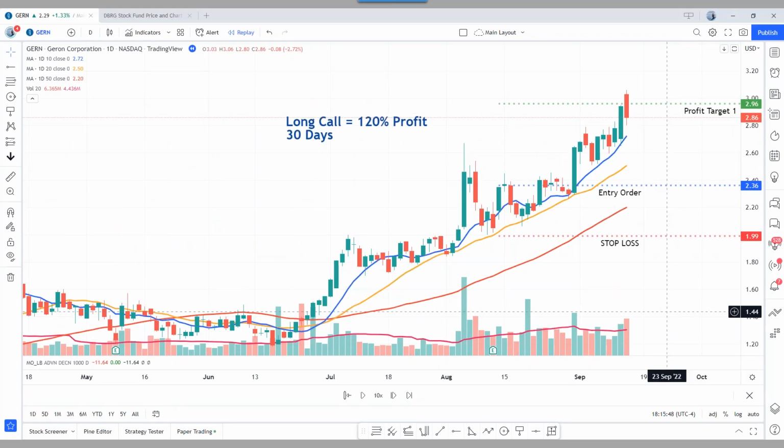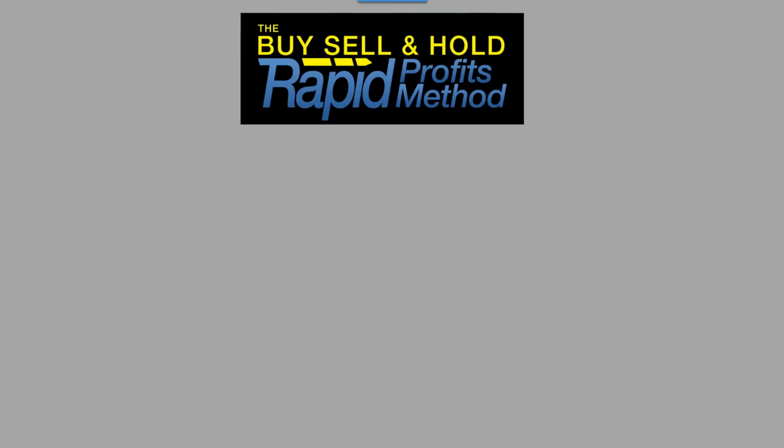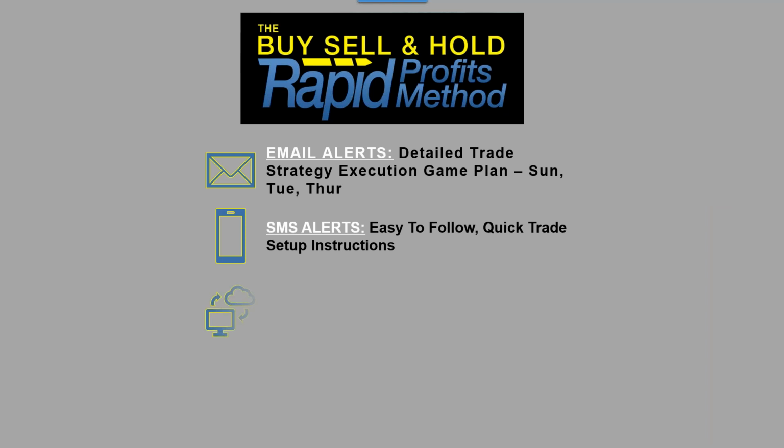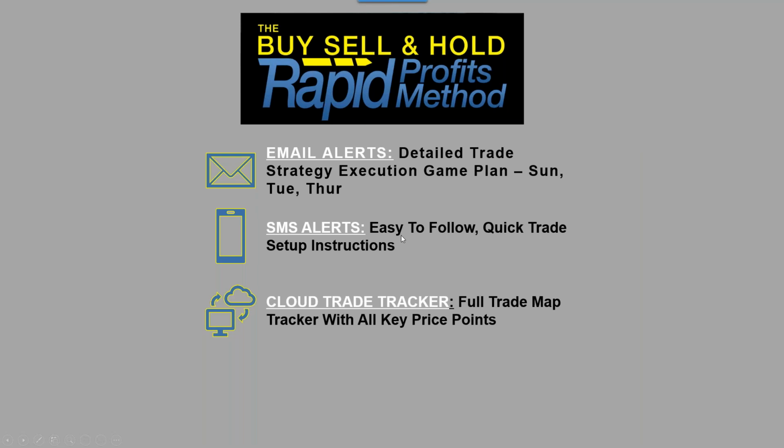So ultimately, this entire program is available for you. Email alerts, SMS, cloud tracker. So notifications, emails, SMS. Then we have a centralized place to track your trades. Full detail tracking: the day we sent it, the symbol, did we get into the trade? Was it a missed trade? Missed trade means we didn't hit the entry. Every trade is always visible.